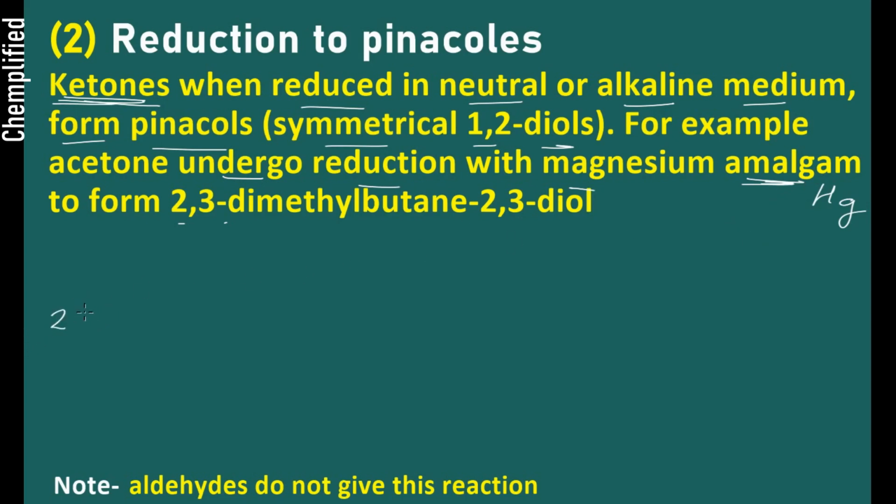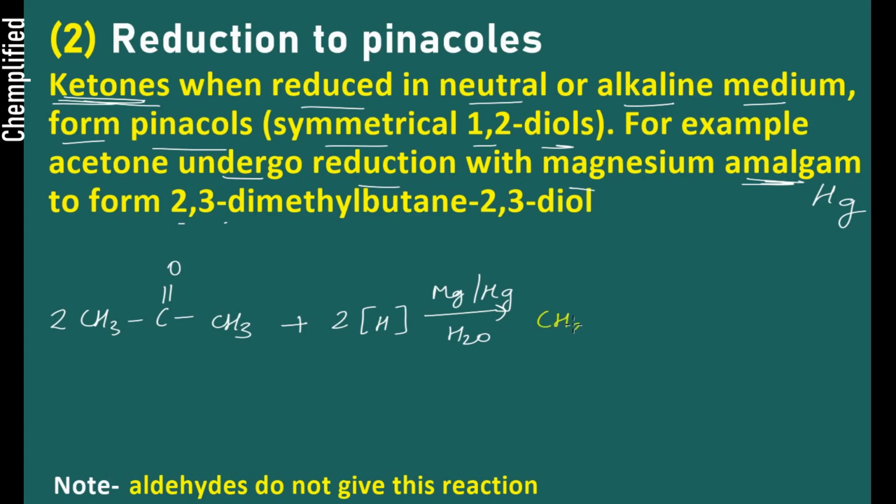Now let us write the reaction. This is our acetone, right? When treated with hydrogen in presence of magnesium and mercury, and also water, what you are going to get is CH3. Let me change the diagram for this acetone.